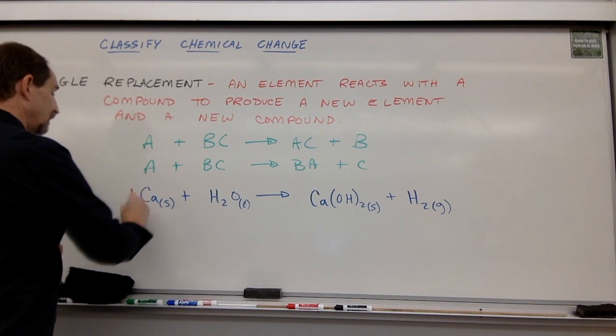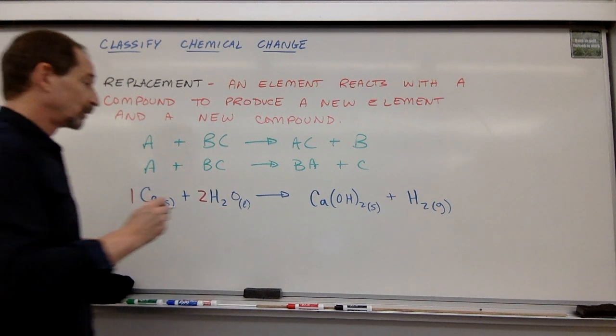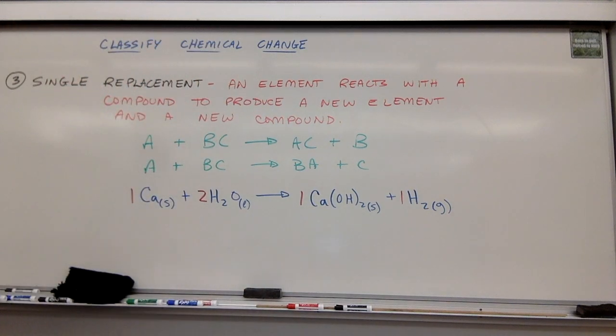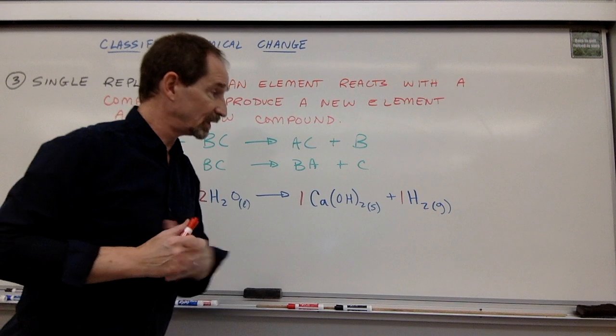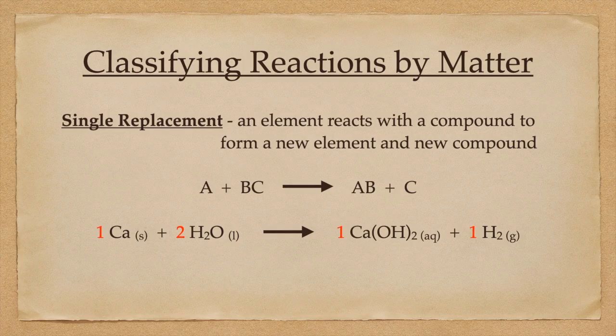For every 1 calcium, I will use 2 waters. That will produce 1 calcium hydroxide and 1 mole of hydrogen gas. Of course, hydrogen gas is flammable, explosive if you have enough of it. So that can be lit on fire as a test to say, yes, I am producing hydrogen gas. Let's take a look at this reaction now.